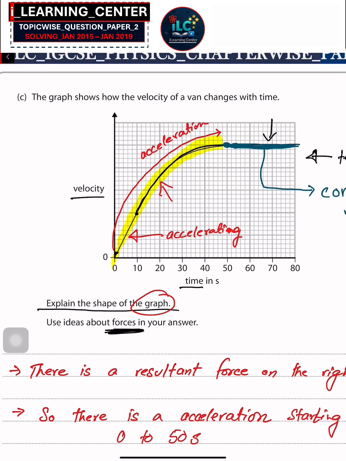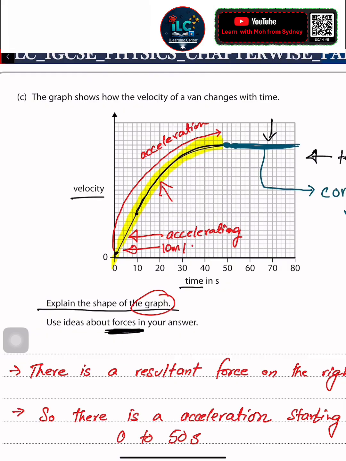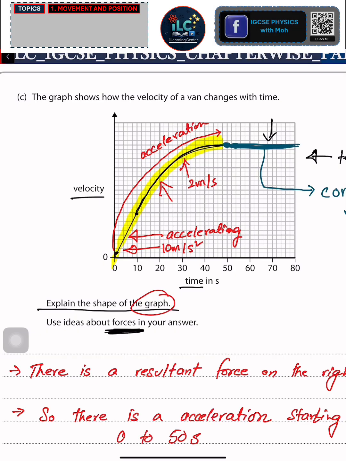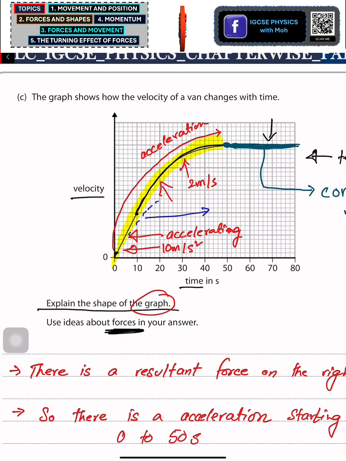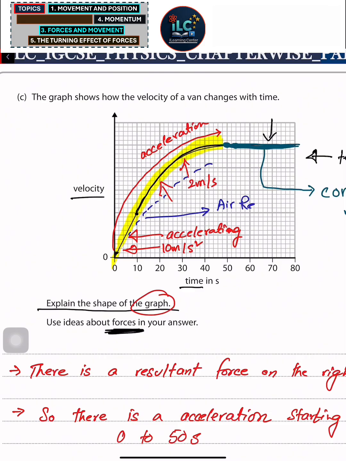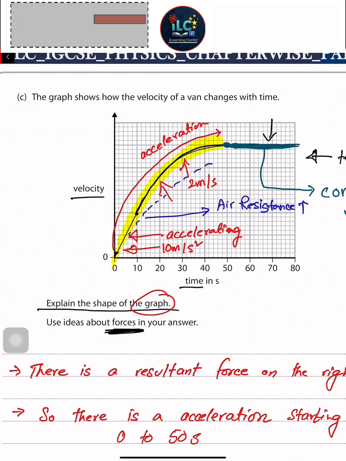That means if you're accelerating here at 10 meters per second squared, you're accelerating here with 2 meters per second squared. That means your speed is going up with 2. And why is that happening? The reason is that as the time goes by, the air resistance and the forces increase.